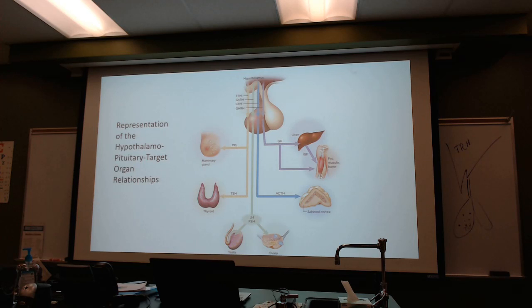Now, other cells are going to exist in my anterior pituitary, but not all of them are made for TRH to act on them. How is it that TRH will act on the cells that it's supposed to? What do the cells have?